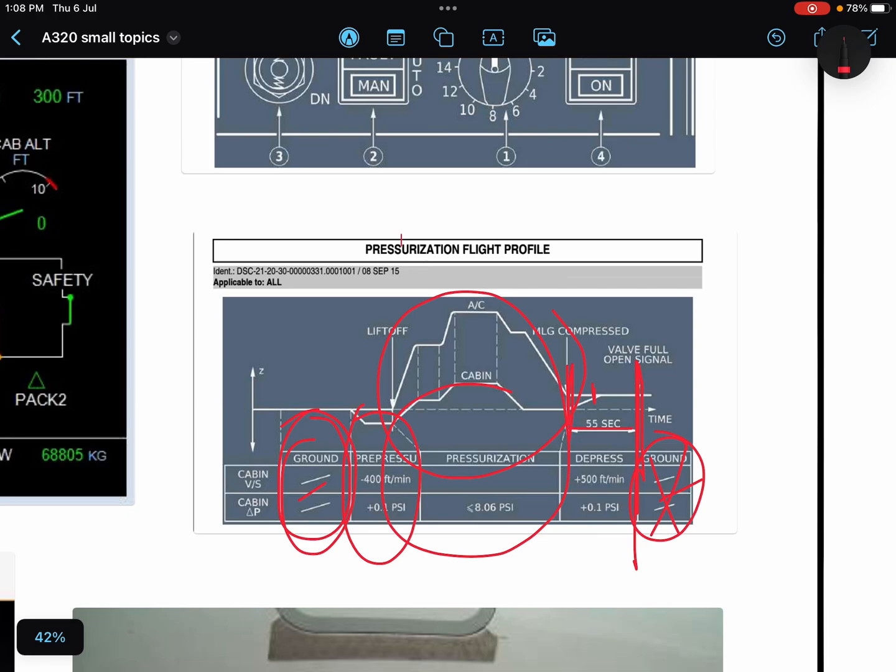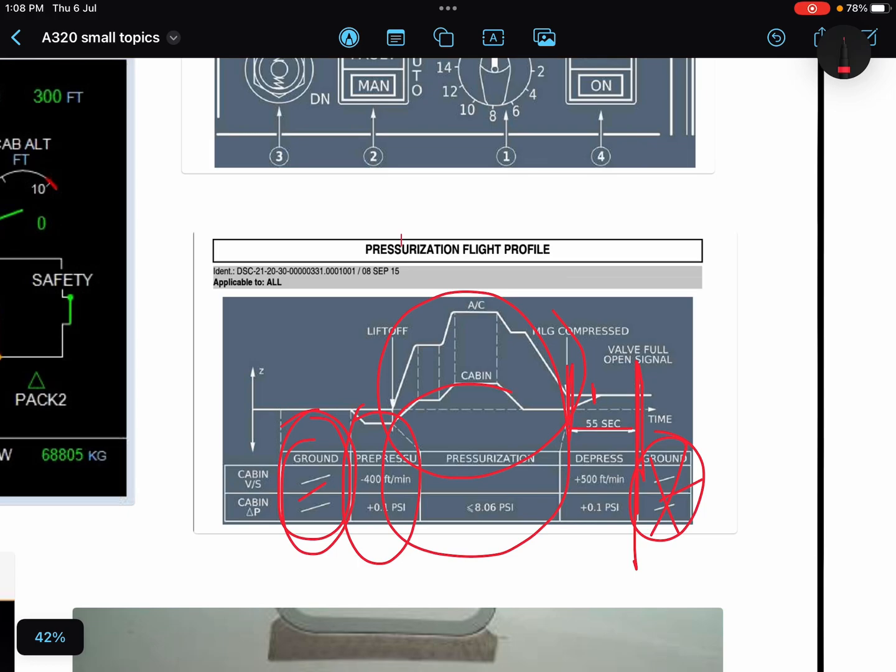Now there is one more condition over here. If the aircraft aborts the takeoff, then the aircraft will not pressurize, definitely. In case the aircraft does not climb after takeoff or aborts the mission, the abort mode prevents the cabin altitude from climbing. Cabin pressure is set to the takeoff altitude plus 1 psi.